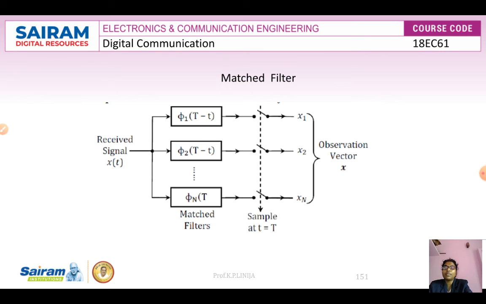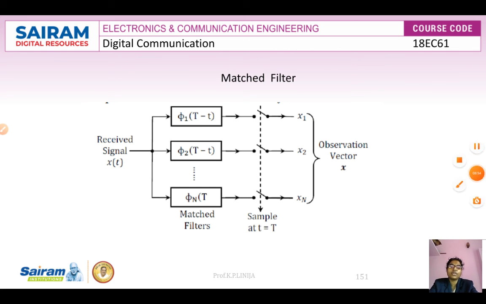So in the matched filter, along with the impulse response, we are giving the received signal x of t. The output of this matched filter is given to the switch, and it will be sampled at t is equal to capital T. Whenever the sampling occurs at t is equal to T, the switch will be closed, so that we will obtain the observation vector x1.